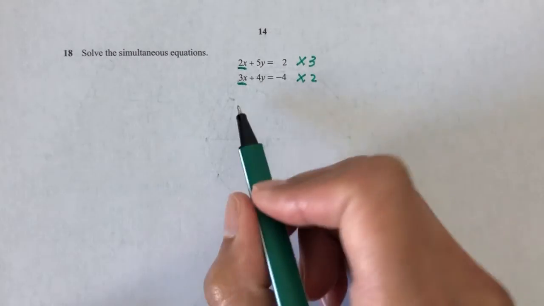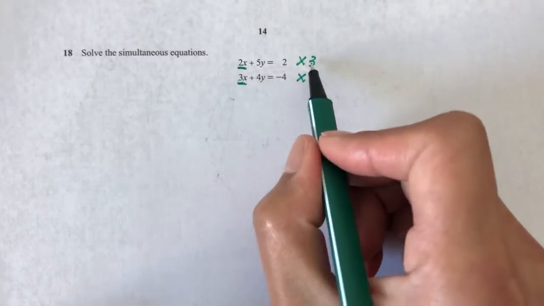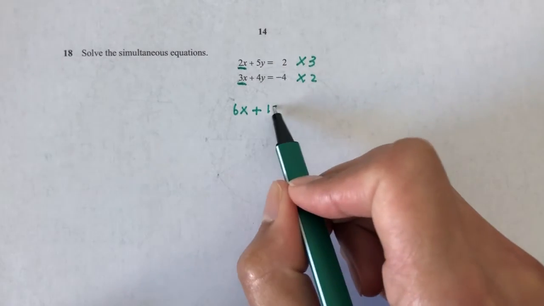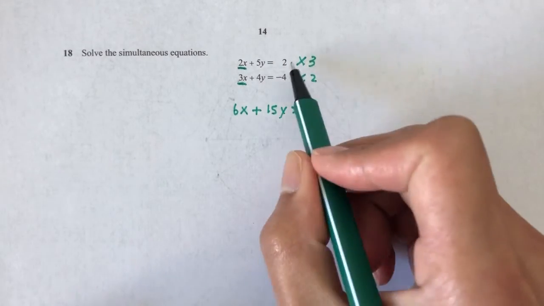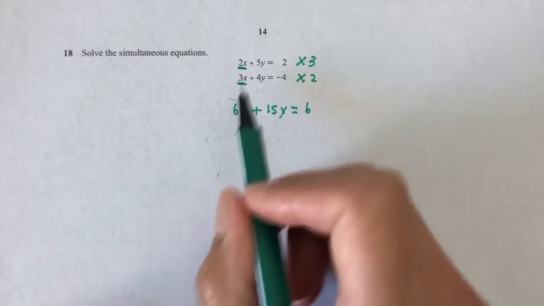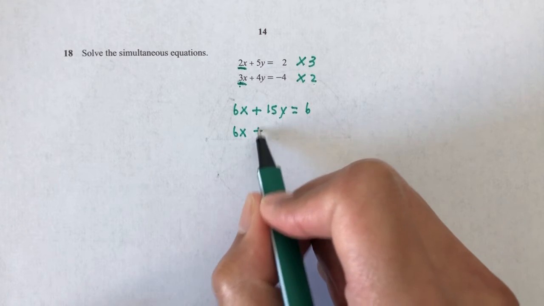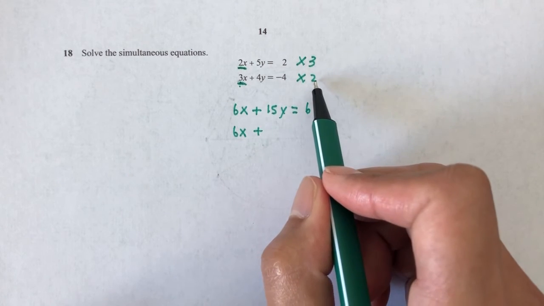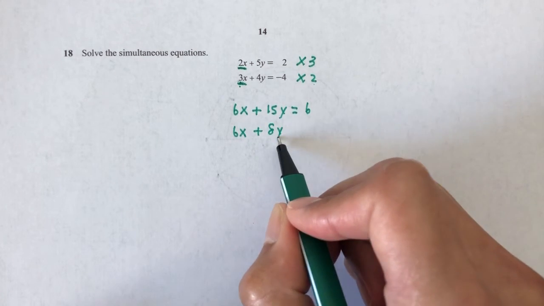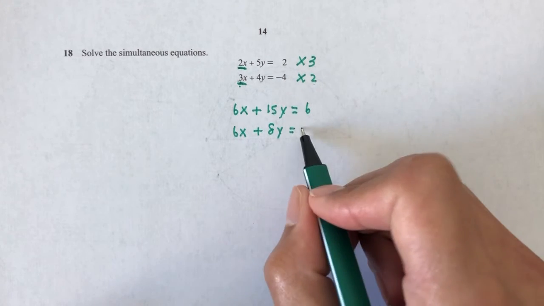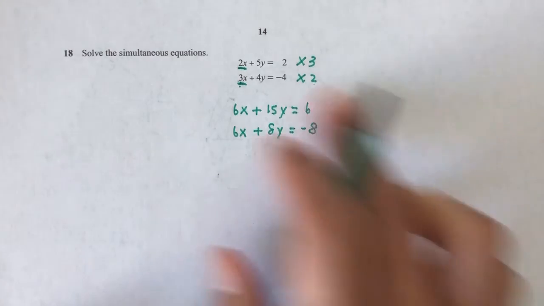So what will we get? 2 times 3 is 6x plus 5 times 3 is 15y equal to 6. And here, 3 times 2 will be 6x plus 4 times 2 will be 8y, and we have minus 4 times 2, which will be minus 8. Okay, so we have these two equations.